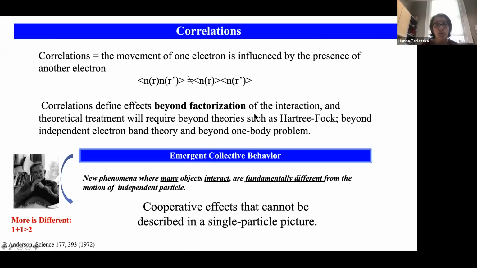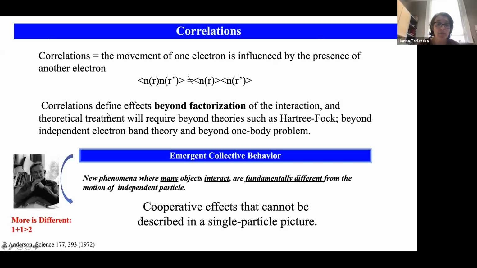So overall, the information this equation wants to translate is that once you have correlation effects, they induce effects beyond factorization, right? This means you cannot write this as a product of some average quantities, and this is what is employed in the Hartree-Fock approximation, where you approximate some quantities as just average quantities.